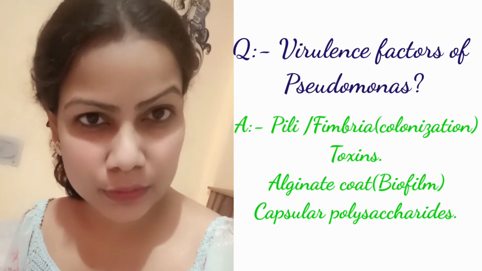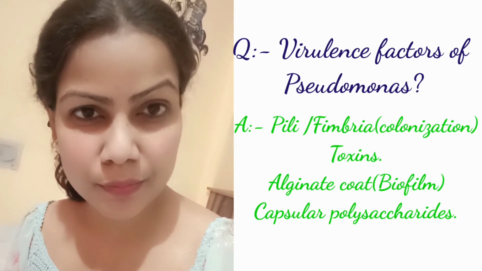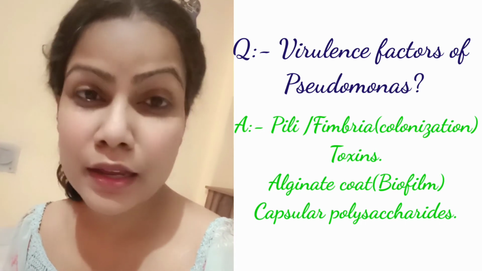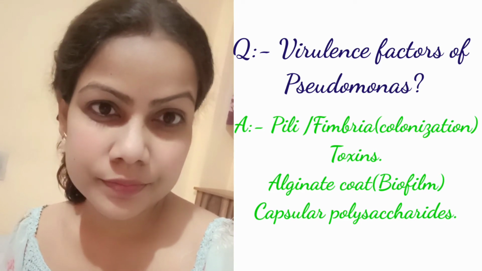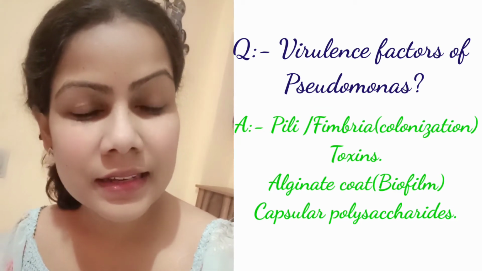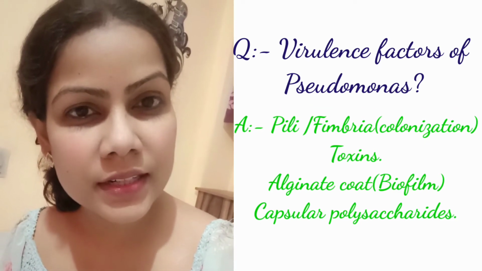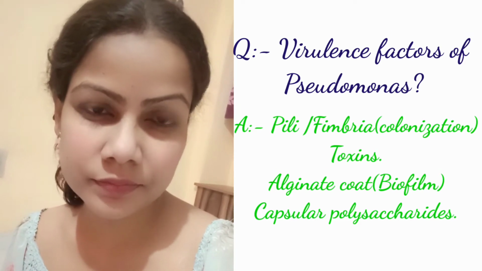Virulence factors include pili or fimbriae for colonization, toxins, an alginate coat for biofilm formation, and a polysaccharide capsule that prevents phagocytosis.